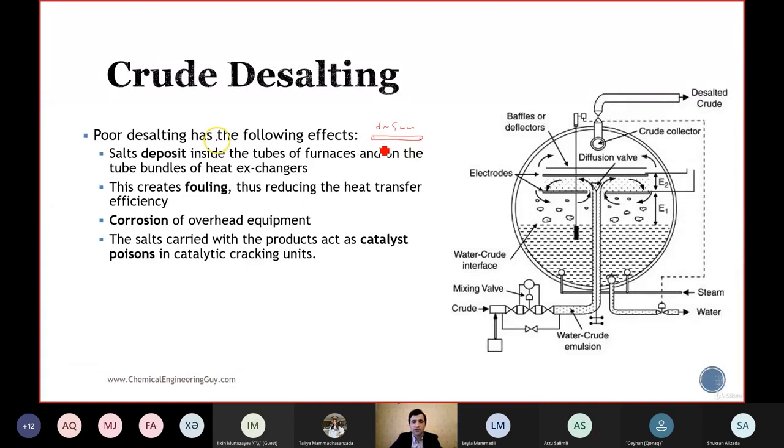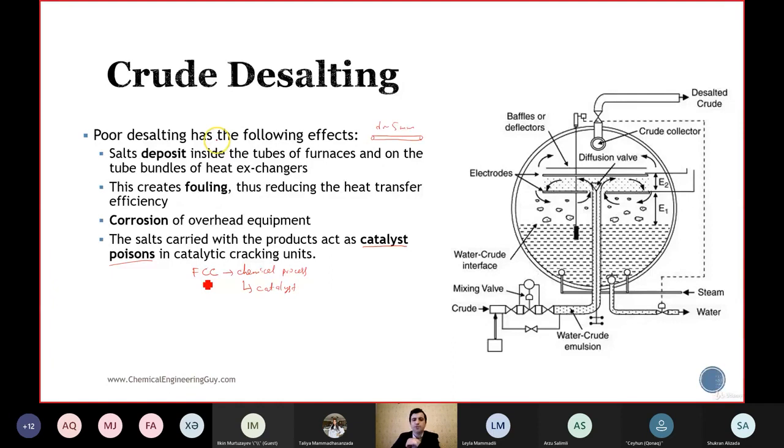And also, this is really important. The salts carried with the product act as catalyst poisons in the catalytic cracking unit. Catalytic cracking is FCC, a chemical process. It is a chemical process, so it has the catalyst, because it is fluidized catalytic cracking.